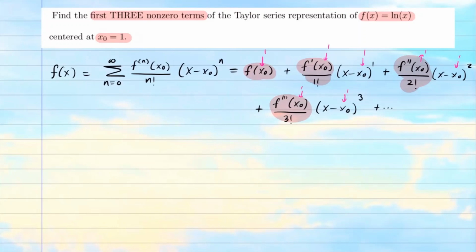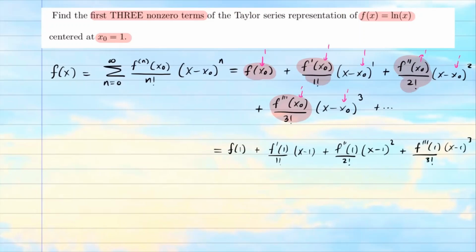So this is the function evaluated at 1 plus the first derivative evaluated at 1 over 1 factorial times x minus 1 to the 1 power, plus the second derivative evaluated at 1 times x minus 1 to the second power over 2 factorial, plus the third derivative evaluated at 1 times x minus 1 to the third power over 3 factorial. You could write more terms, but let's hope this is good enough.